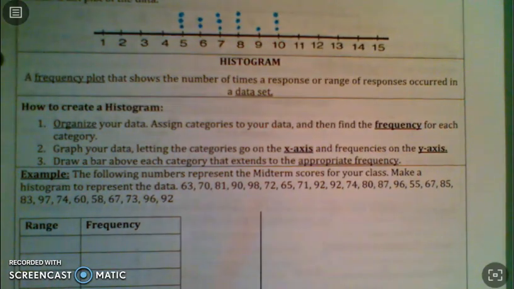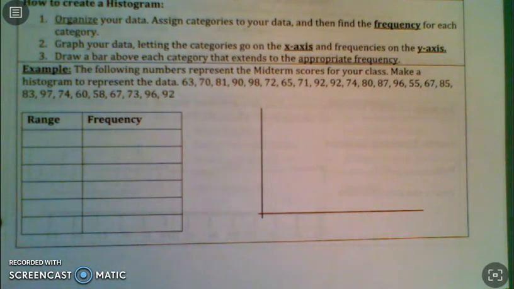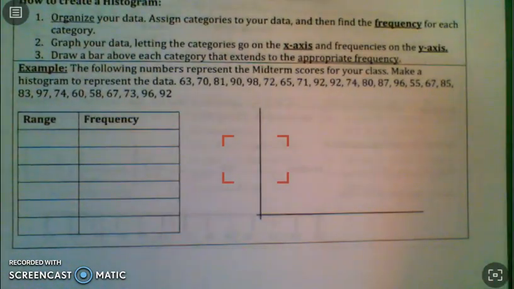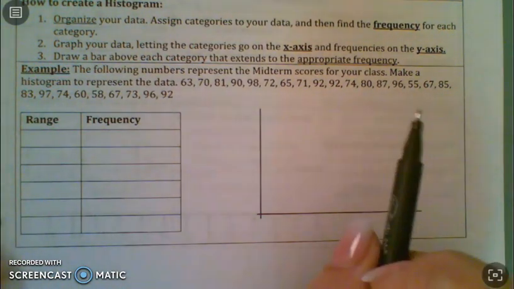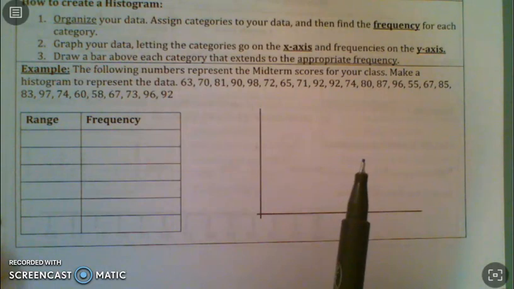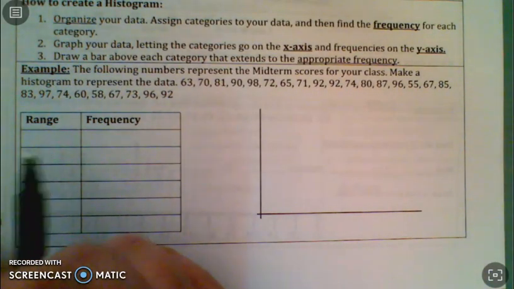So let's see this example. The following numbers represent the midterm scores for your class. Make a histogram that represents the data. So when we're looking at these, we have numbers that are in the 50s, 60s, 70s, 80s, and so on. We don't have any numbers less than the 50s, so 50s is going to be our first range.